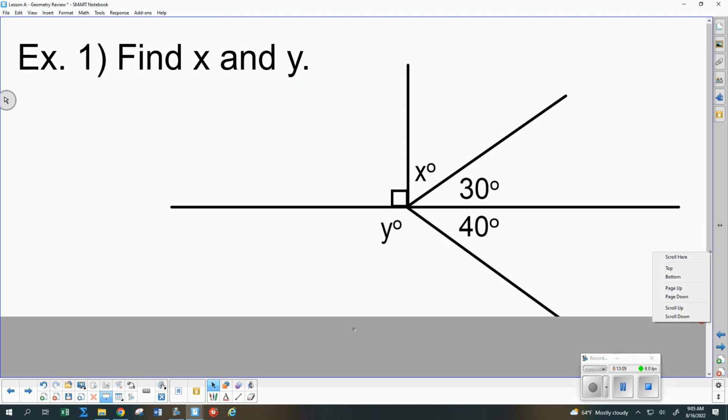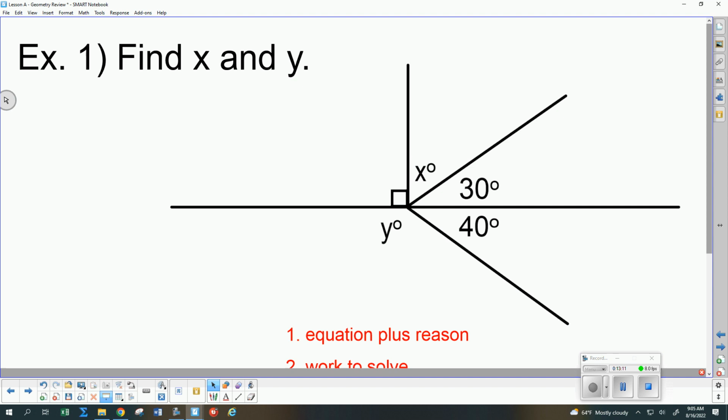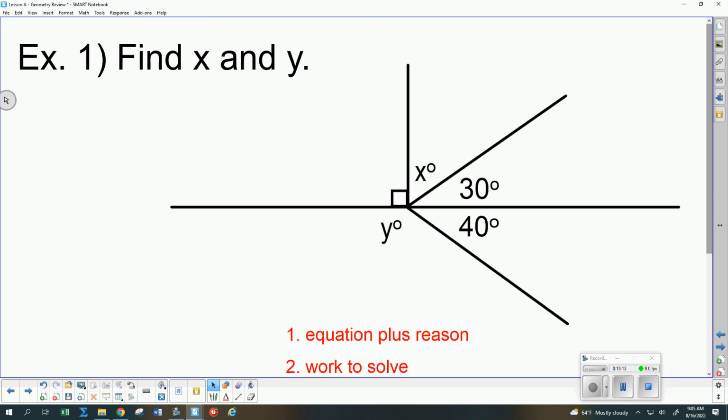When you have these kinds of geometry problems, I am going to expect an equation with a reason, and then whatever work is necessary to solve that. So it looks like we're getting close to having those pictures copied down and those things labeled. We've got the symbol for 90 degrees.